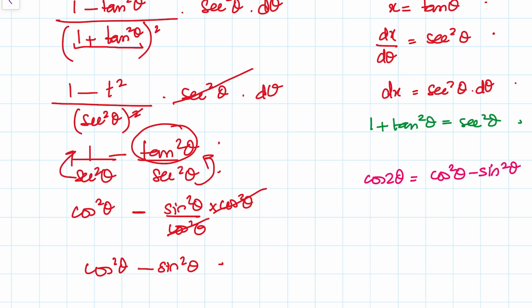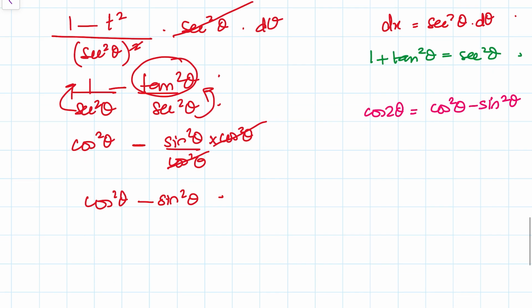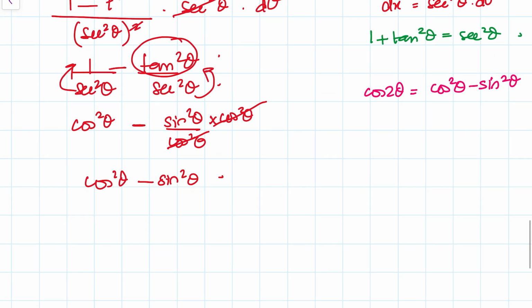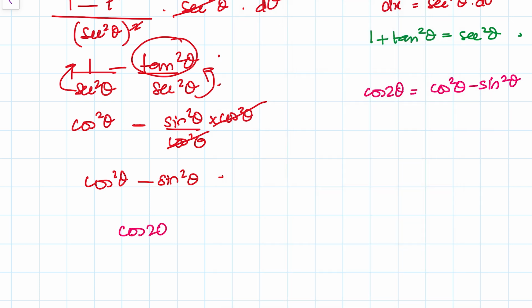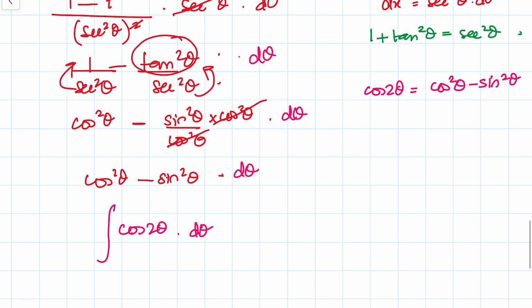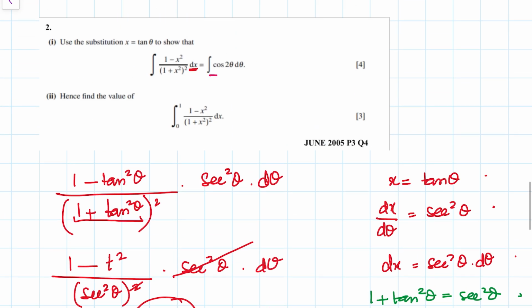So if you're not good with them, go over my video of double angle identities and learn them. It's better to learn them, although they're given in the exam paper. So it becomes cos 2 theta dot d theta. Dot d theta was being carried forward, and we have reached the question that they wanted us to prove. So we have proven this.